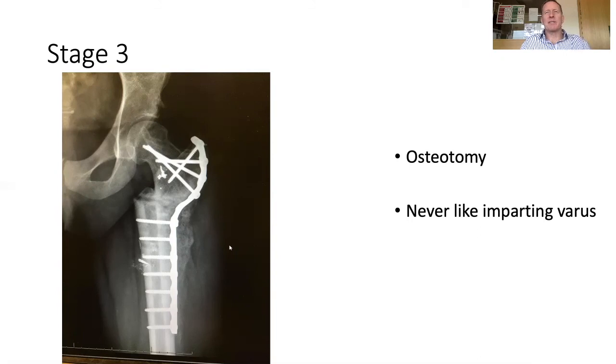But imparting any varus on the hip biomechanically, I've never thought was a terribly good thing. And here, if this patient ever comes to hip replacement, that's going to be a very challenging operation. So again, osteotomy has always had some popularity in the Asian orthopedic community, never been a great option, well favoured in the UK.